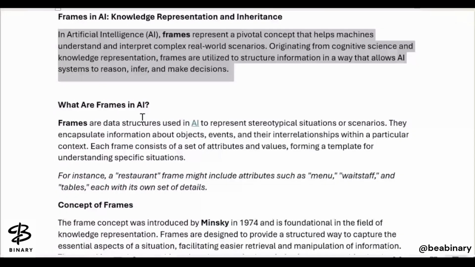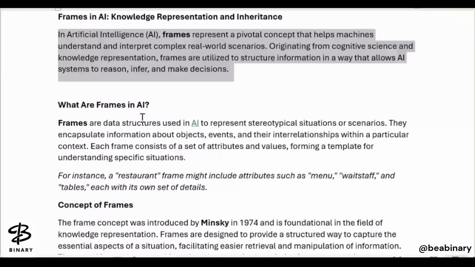Frames are data structures used in AI to represent typical situations or scenarios. They encapsulate information about objects, events, and their interrelationships within a particular context. Each frame consists of a set of attributes and their values, forming a template for understanding the situation.